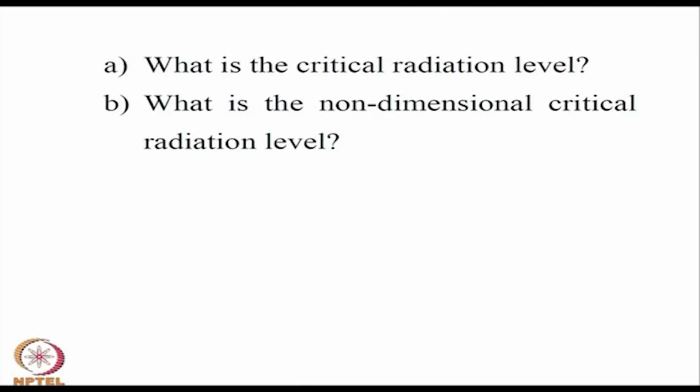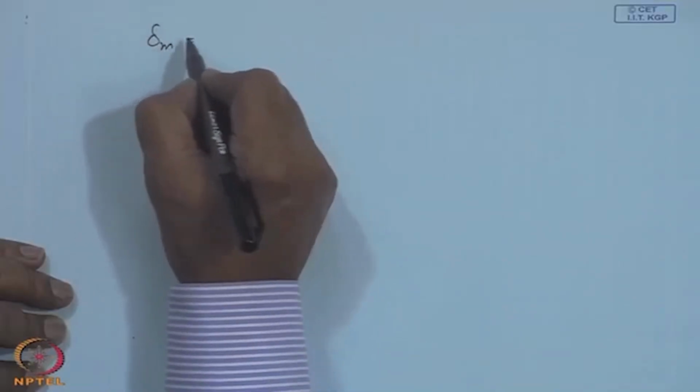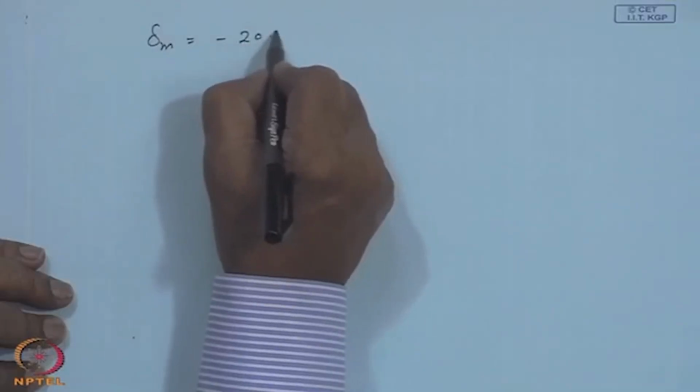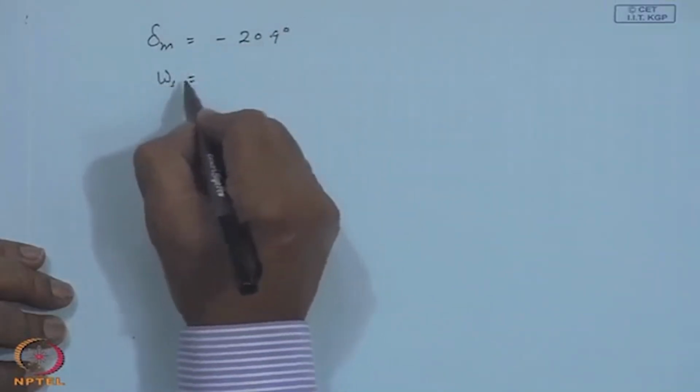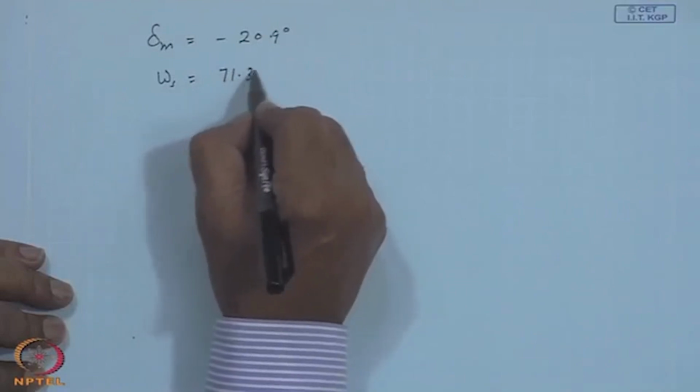This, after a lot of preliminary calculations, we have calculated for example, mean declination for the month of January is -20.9 degrees, and then the sunset hour angle is 71.3 degrees.